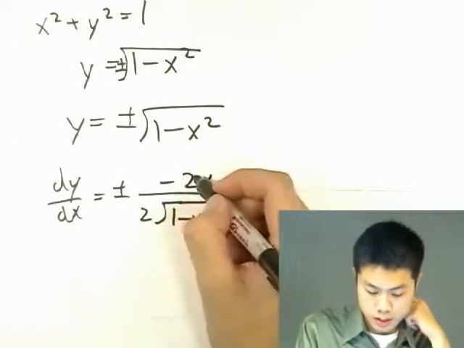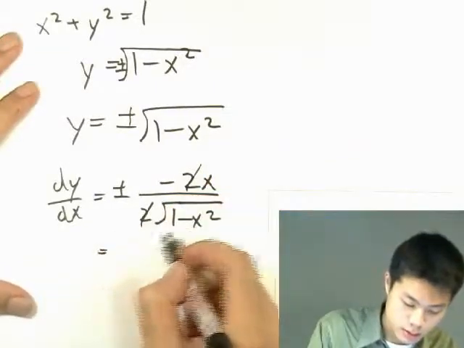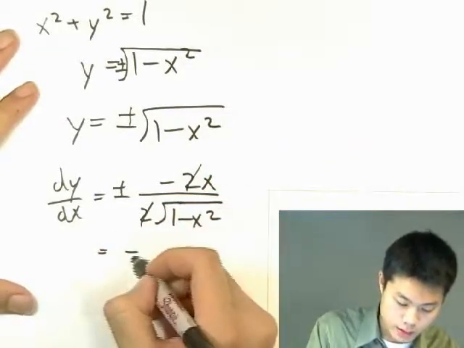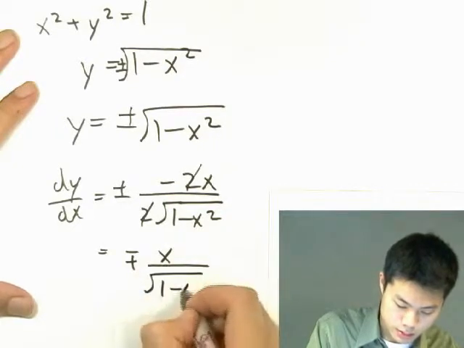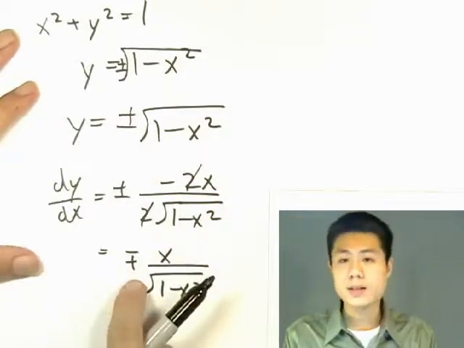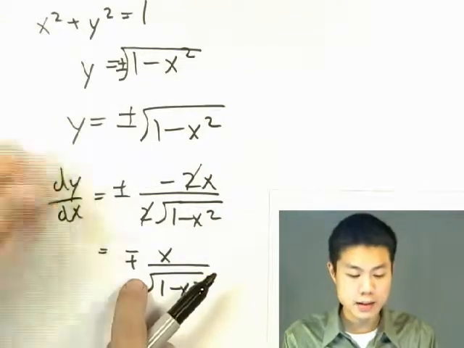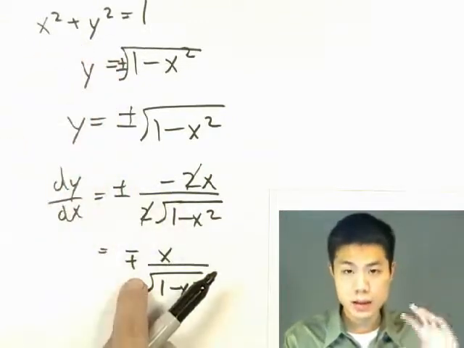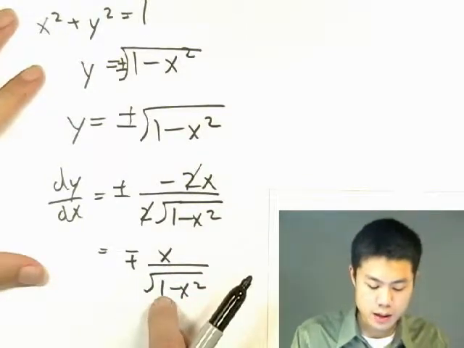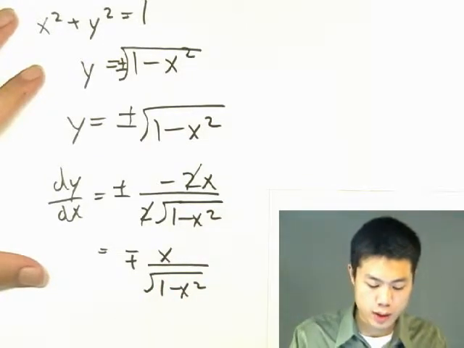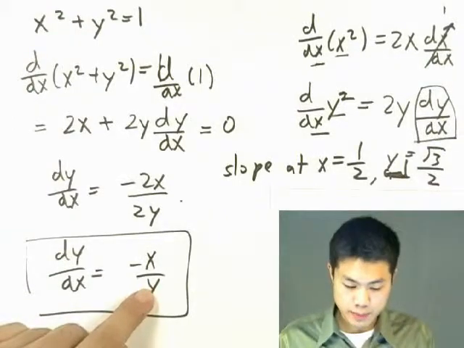And then this and this cancels. So it's going to be plus or minus, the opposite sign depending on which half of the circle you're using, x over the square root of 1 minus x squared. Is this the same thing as this thing here?